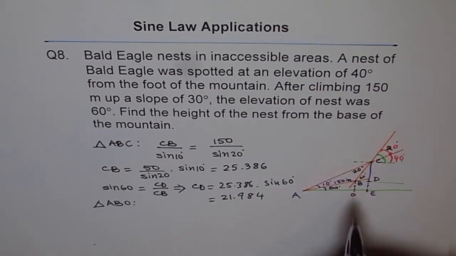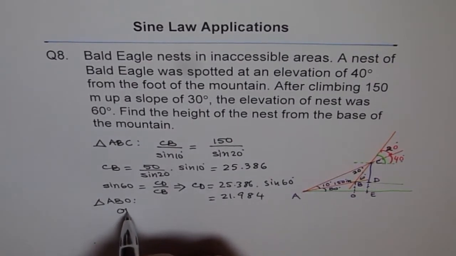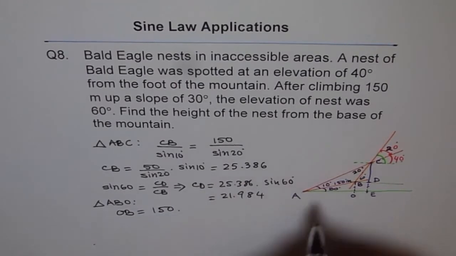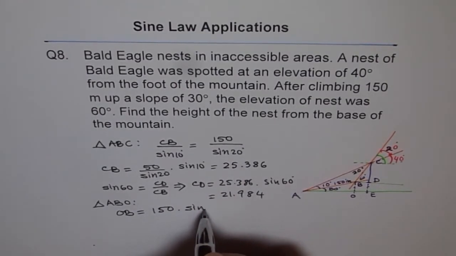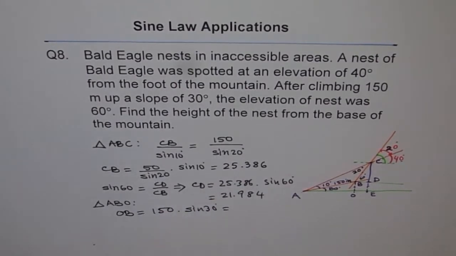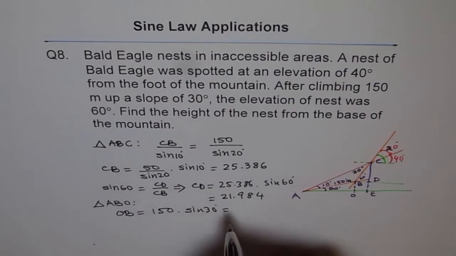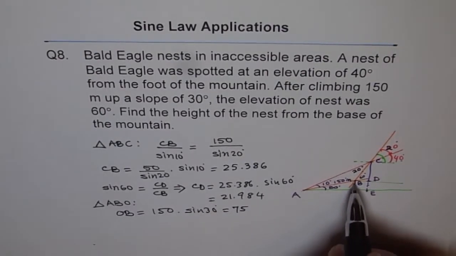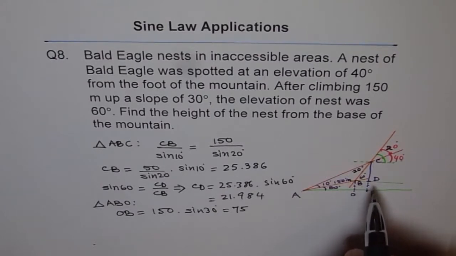And therefore we can write OB equals 150 times sine of 30 degrees, which is 75. So that is 75 meters, right? So OB is 75 meters.